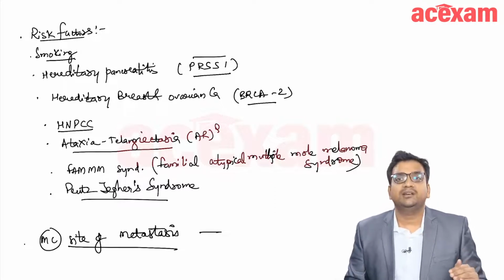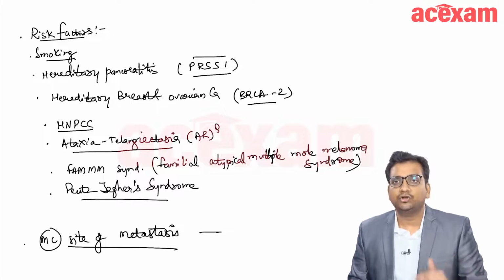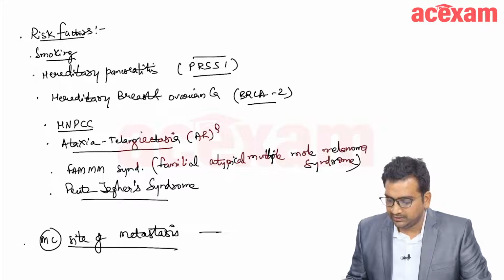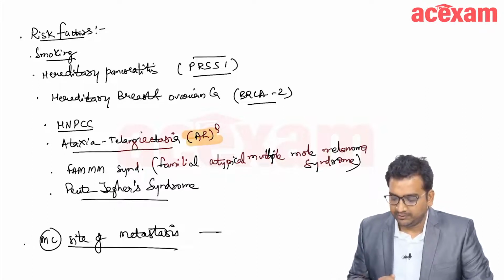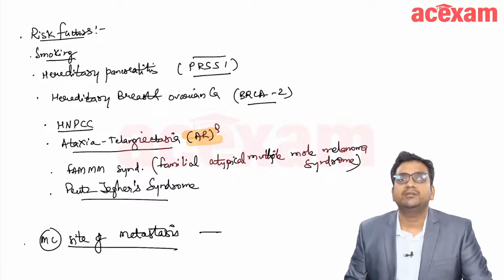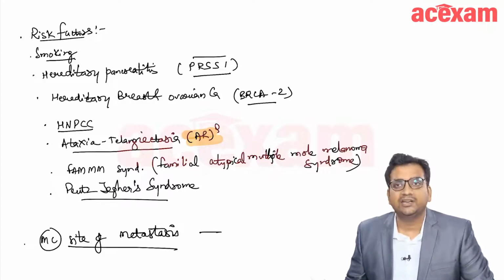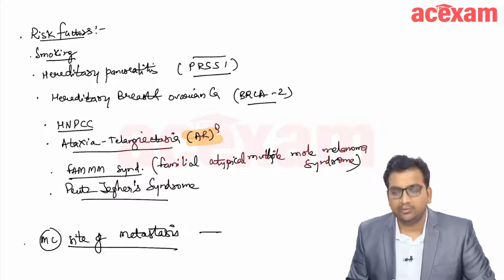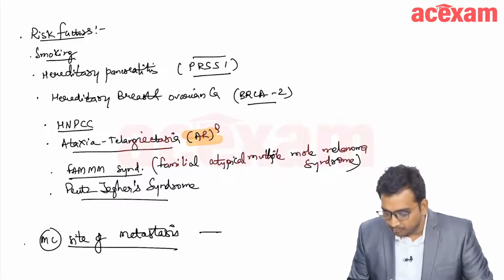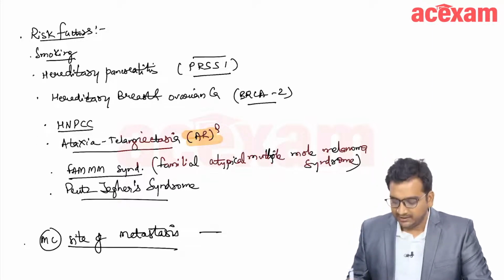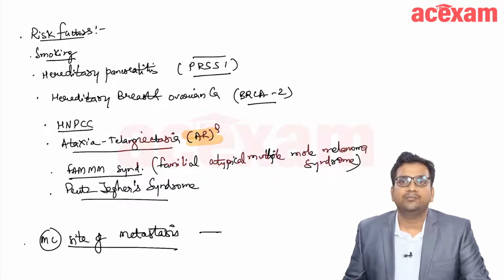An important point is that it is autosomal recessive, while the other diseases here are autosomal dominant. So the autosomal recessive disorder associated with CA pancreas is ataxia telangiectasia. Then there is FAMMM syndrome, familial atypical multiple mole melanoma syndrome, and then Peutz-Jeghers syndrome.